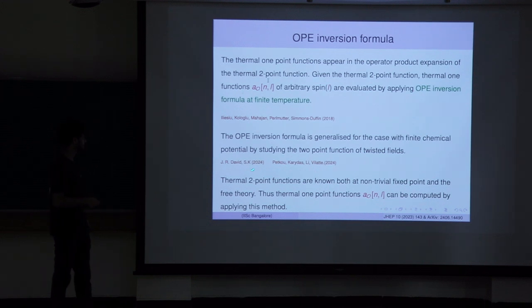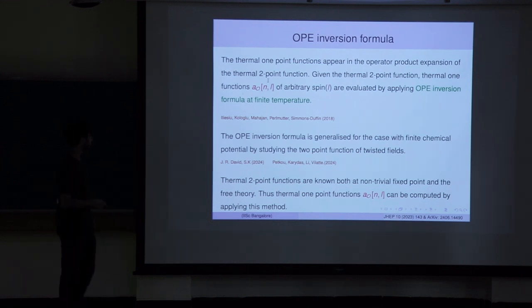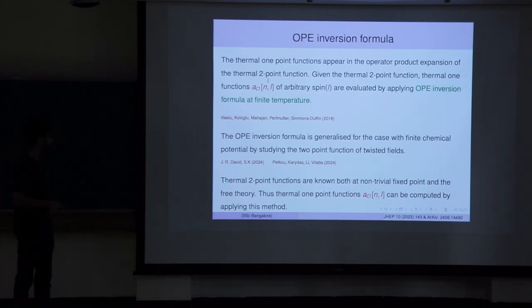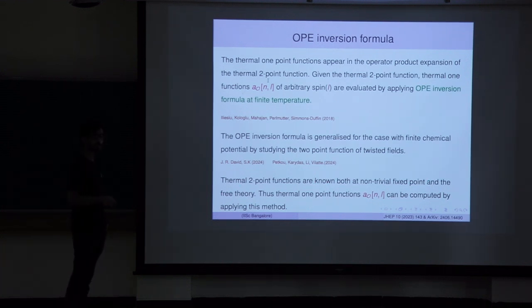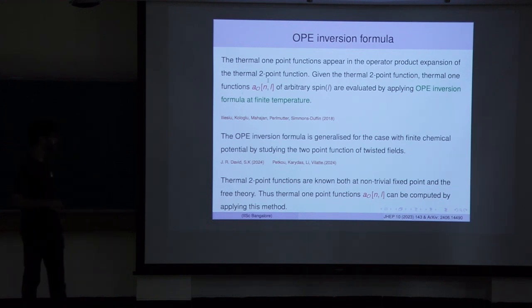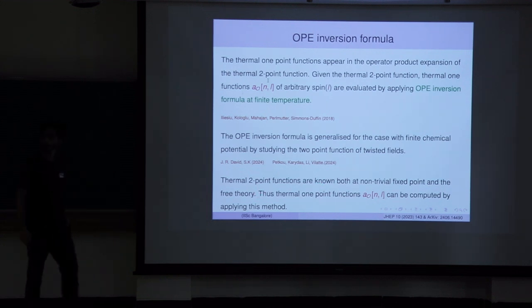This has been developed in parallel by us and also by these authors. Then I should mention that thermal two-point functions are known both at the non-trivial fixed point as well as for the free CFT point, the two CFT points I specified: the free theory and the non-trivial CFT.